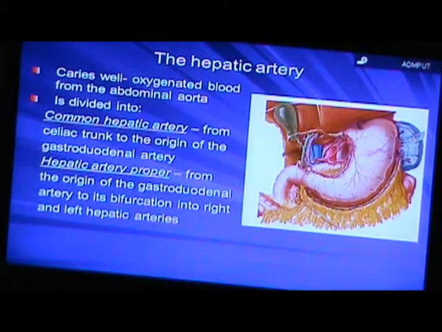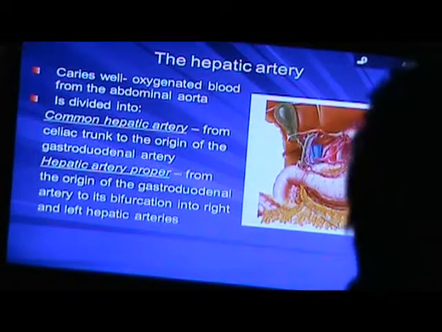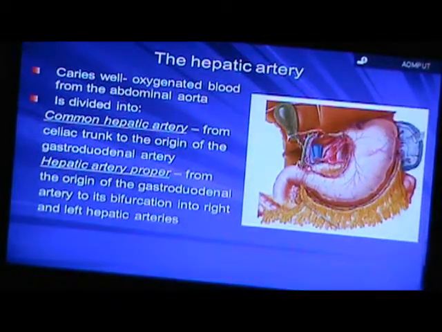But don't think that every patient admitted will have a problem with portal hypertension, because it depends on other circumstances.